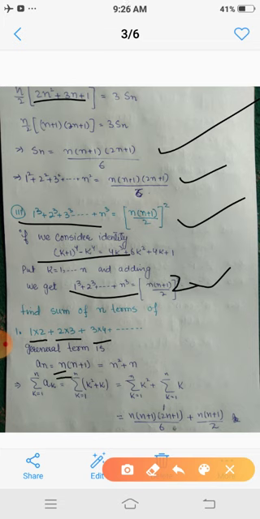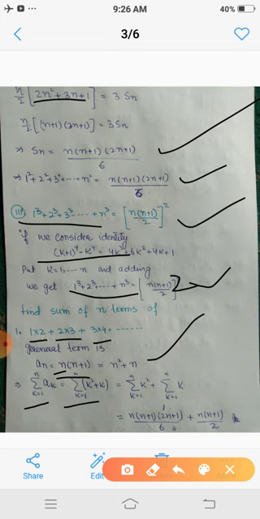So n into (n plus 1) is the general term, which is n square plus n, which implies that the summation k runs from 1 to n of ak is a1 plus a2 plus a3 up to an, which is the sum of the first n terms, which is the summation k runs from 1 to n of k square plus k.